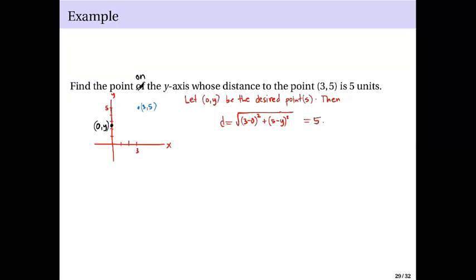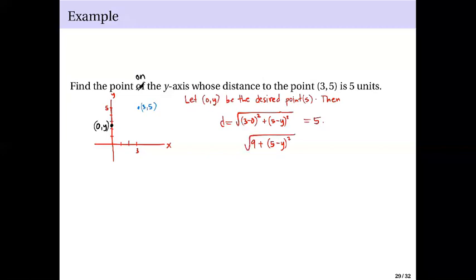So now we are left to solve for y. But this is easy. We'll just do the computation. So for this part here, this is just (3 minus 0) squared, so you will have 9. Plus, in here, I suggest you don't expand. I'm going to show the solution why. You don't need to expand. So I'll just write (5 minus y) squared.